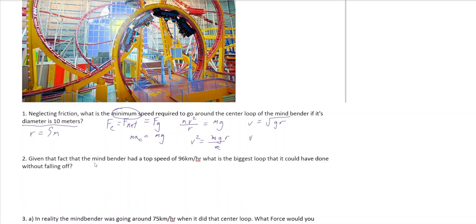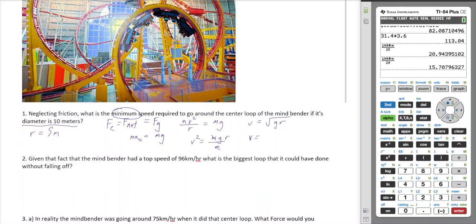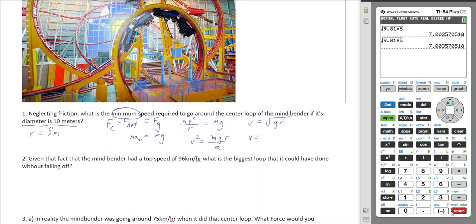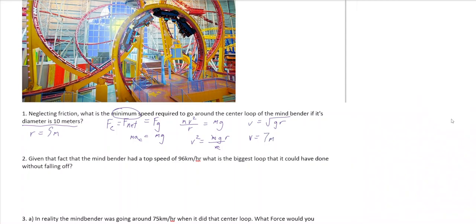So this is going to equal the square root of 9.81 times r, which is 5, which is going to be basically 7 meters per second.